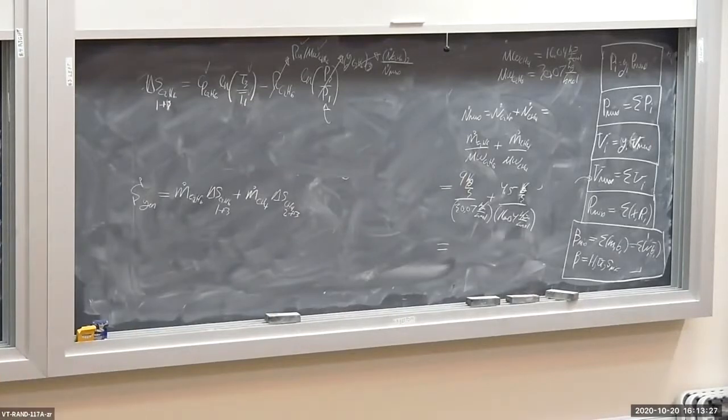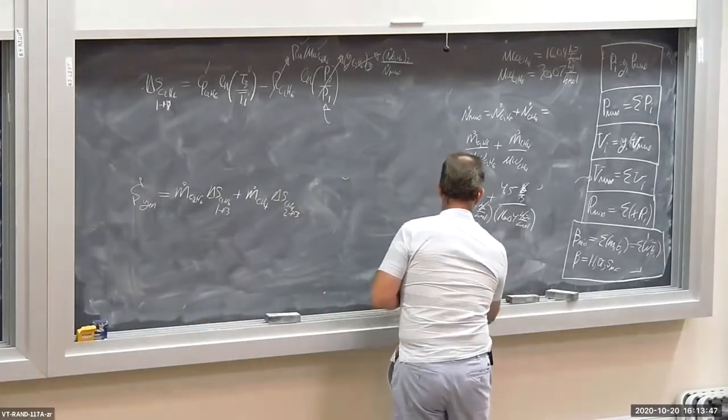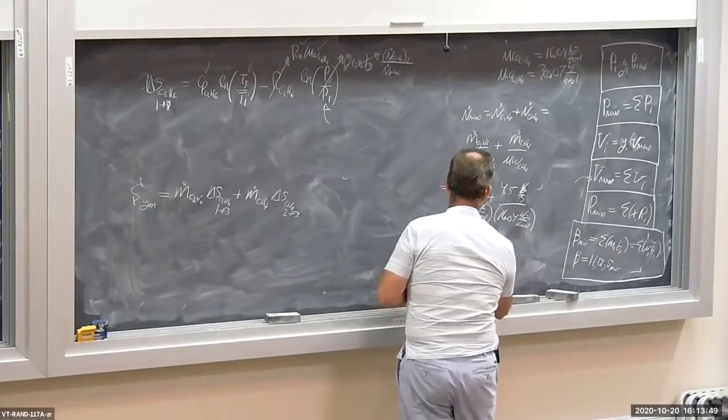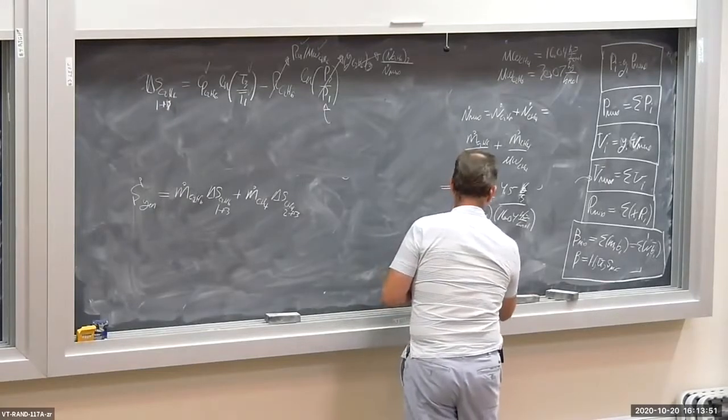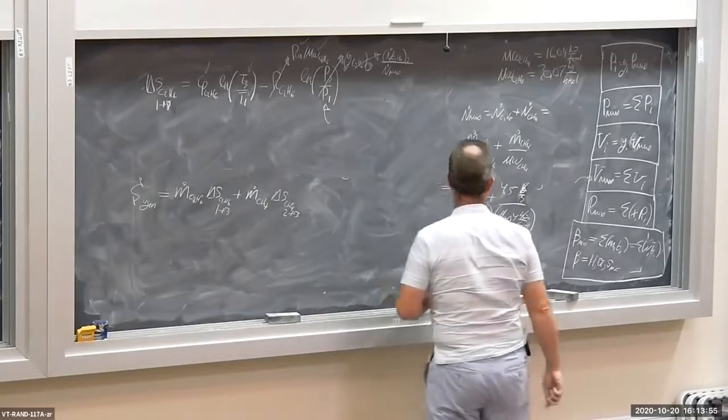Where's the mole flow rate for the mixture? Hope I have my calculator. And I get 0.5813 kilomoles per second, okay?